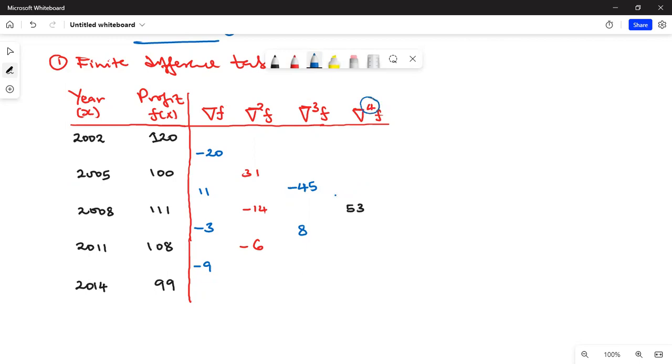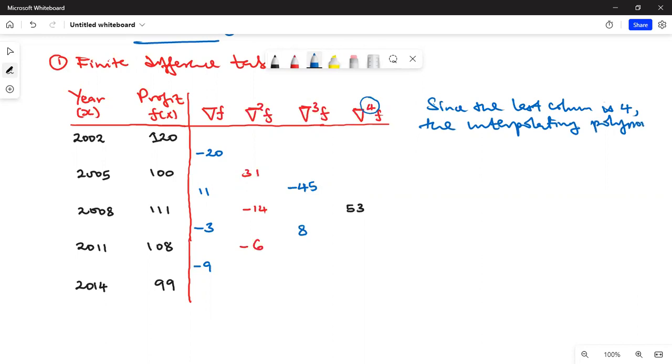Because the last column is the fourth order column. So you can say since the last column is 4, the interpolating polynomial must be of degree 4.